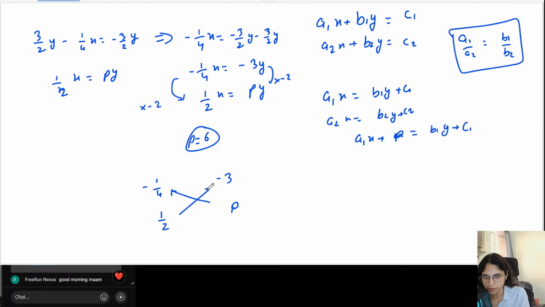You cross multiply. -p over 4 equals -3 over 2. P equals 6. Okay. And after you have got this thing, you can go to Desmos also and get the value also.